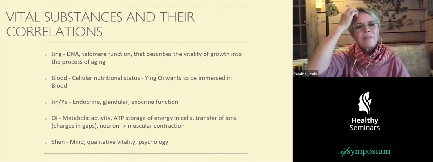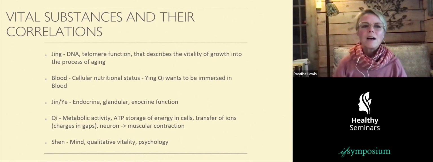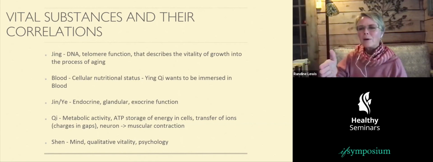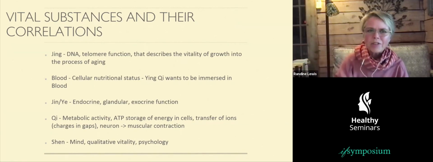We can take the vital substances of Chinese medicine, and they do have Western correlates, but we can bridge that gap. We can speak of Jing as the functional aspects that govern. We don't see it as DNA. We don't see DNA as Jing, because remember, we're process oriented.